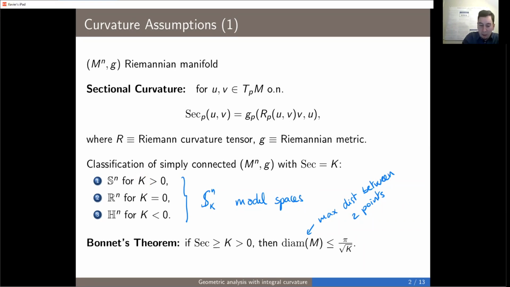So this quantity is pi times the radius of the sphere, and this is the same as the diameter of the sphere. So what this theorem is saying is that if you have a manifold that's curving more than a sphere at every point, then the maximum distance between 2 points is going to be at most the maximum distance that sphere would have. It's in that sense that this is a comparison result.